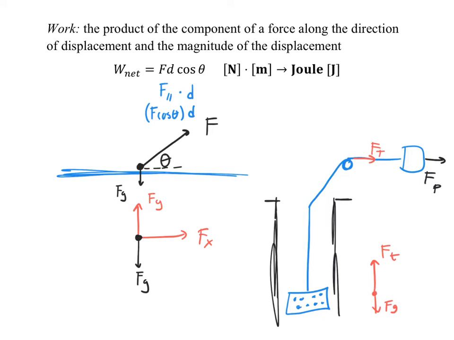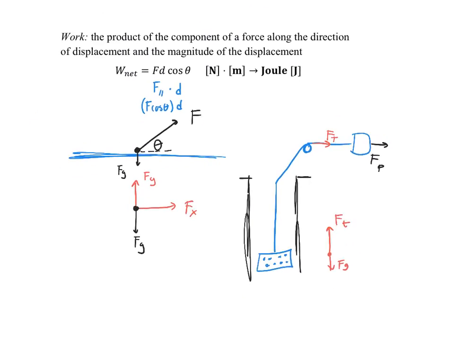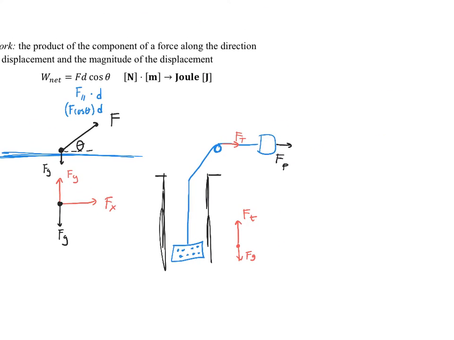That's what it's doing. Now, we could also have scenarios, and you could have a scenario like this very easily, where an object is being pulled upward at an angle. Let me zoom out a little bit. An object is being pulled upward at an angle like that. Let's put the object here. Gravity pulls down on it.